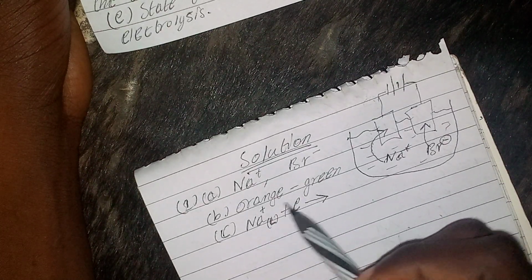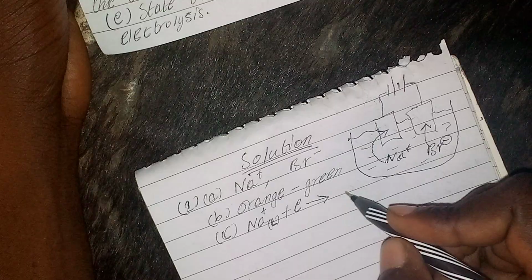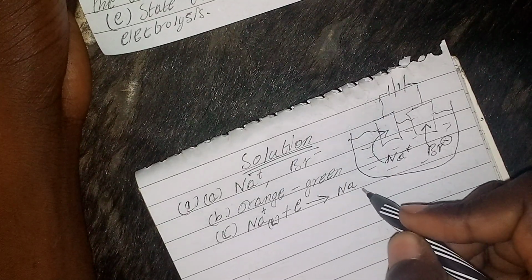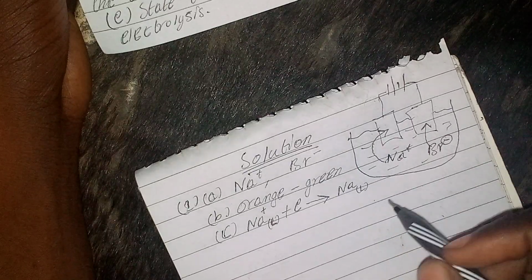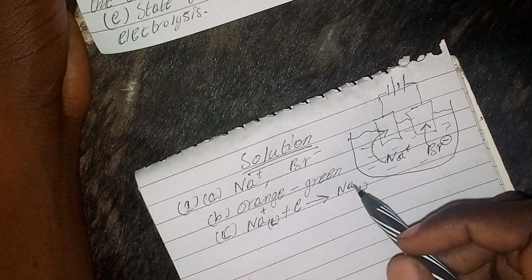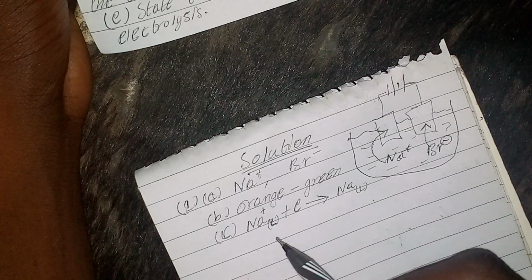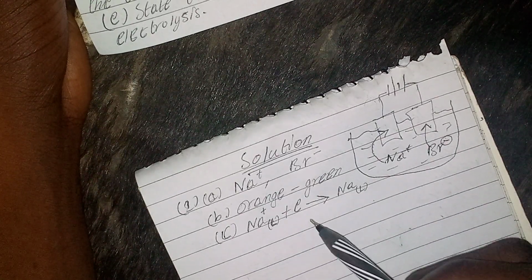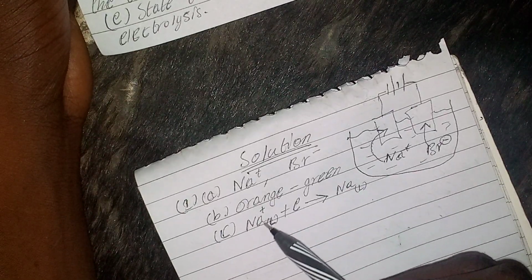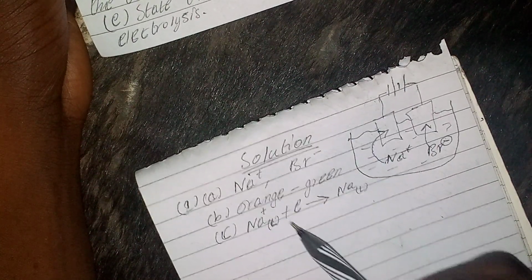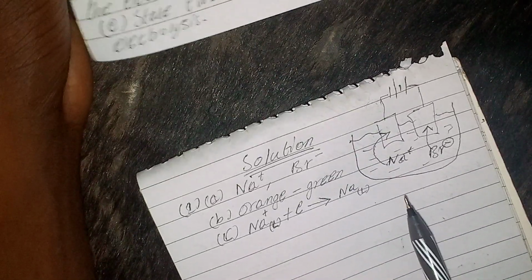So when this loses one electron it is going to be in what? In a solid form. It's going to become what? An atom, but in what? In solid form. When this loses one electron, it's going to become what? An atom. That's why this positive charge has disappeared on top there. Hope we are clear there.